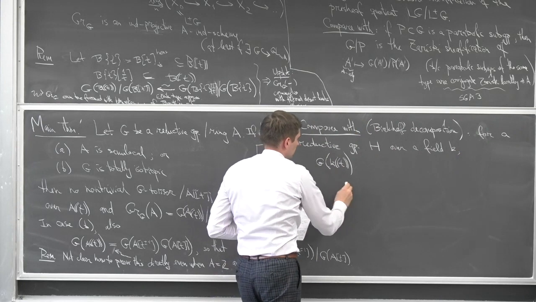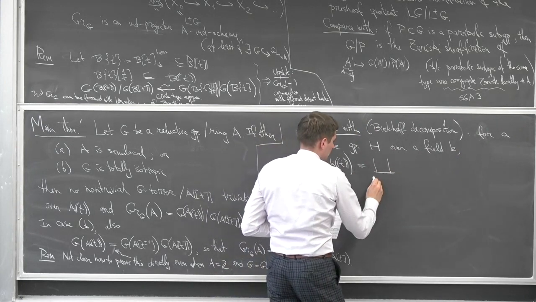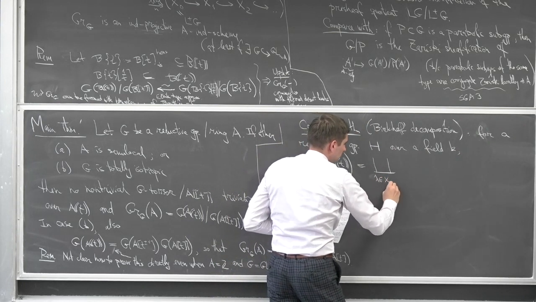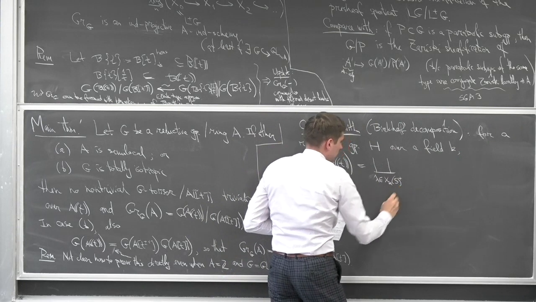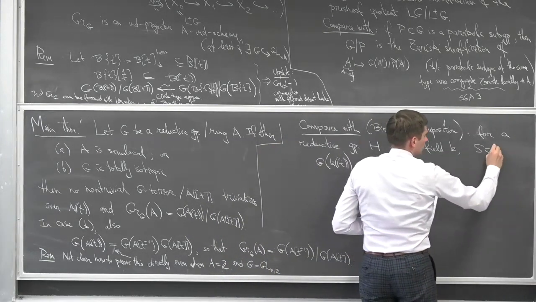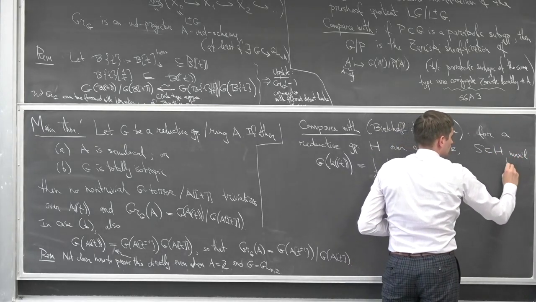This is a union, even a disjoint union, over dominant co-characters. Here S in H is a maximal split torus.